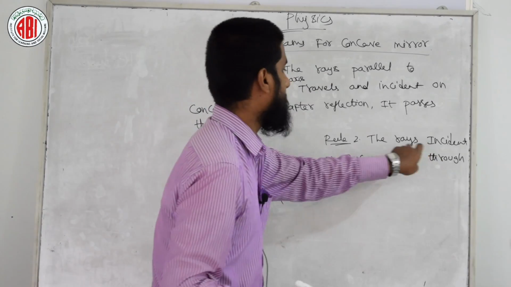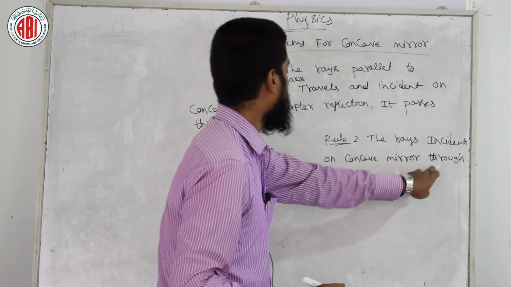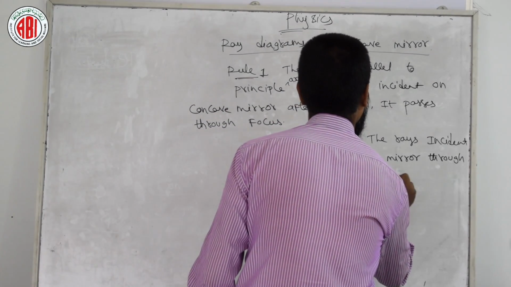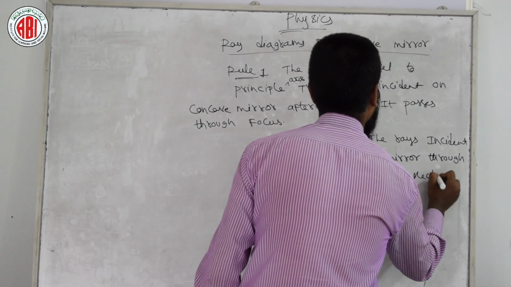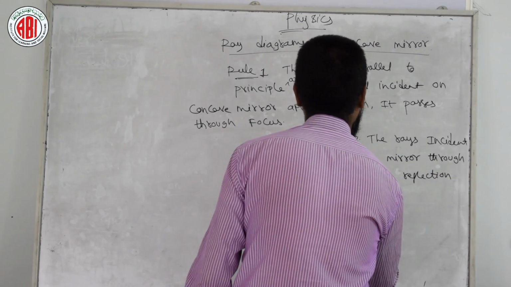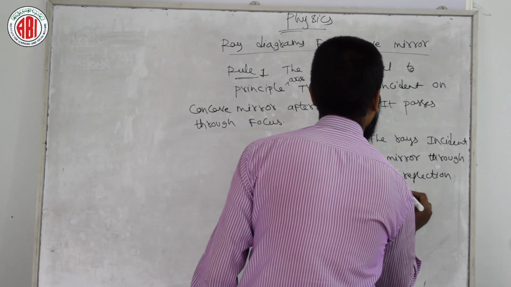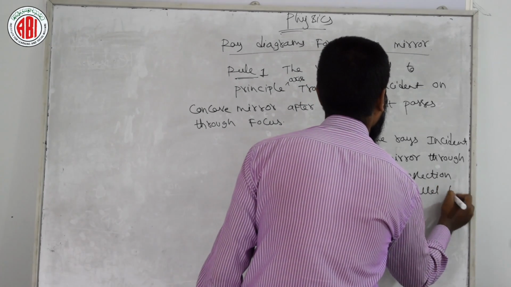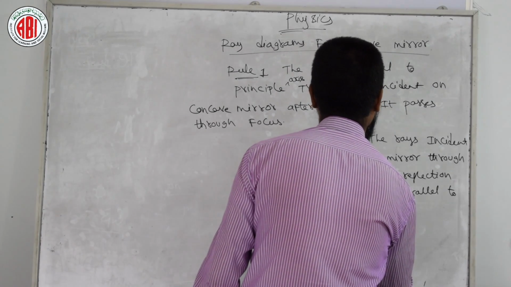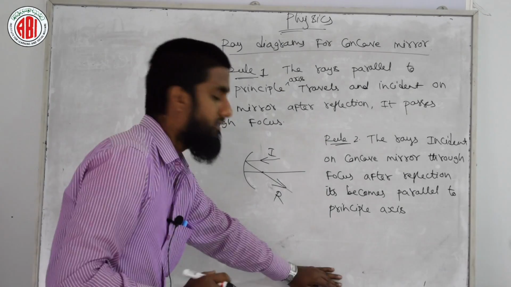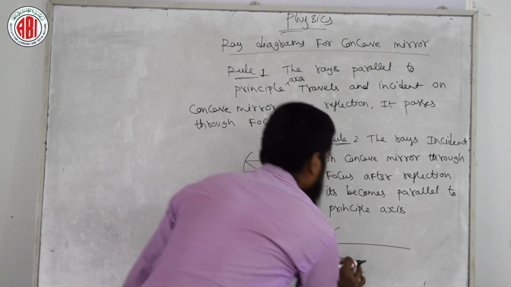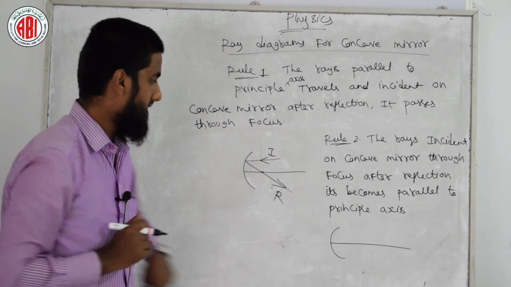Look at the board. Rule 2: the rays incident on the concave mirror through the focus, after reflection, become parallel to the principal axis. Look here. This is a concave mirror, as you can see. This is the principal axis.